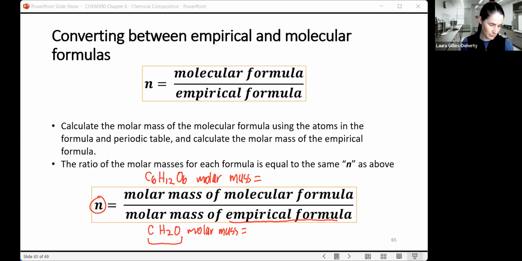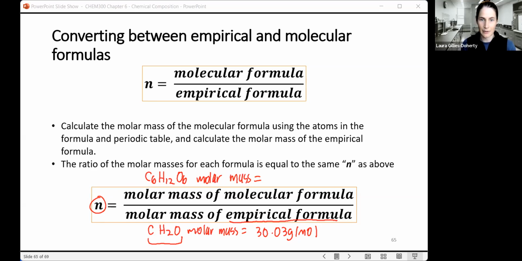We have 12.01 plus 2.02 plus 16, so 30.03 grams per mole. And if we know the molar mass of our actual compound, when we divide these two, we're going to get the value of N, which means we could take our empirical formula, which we just solved for, and multiply it by N to get the final formula of our molecular compound.